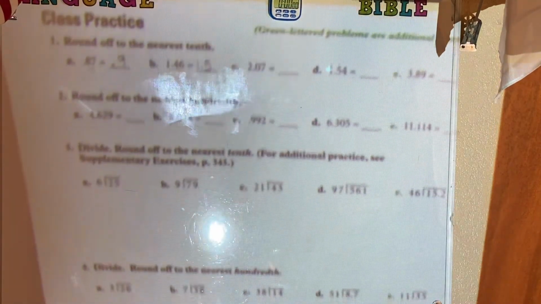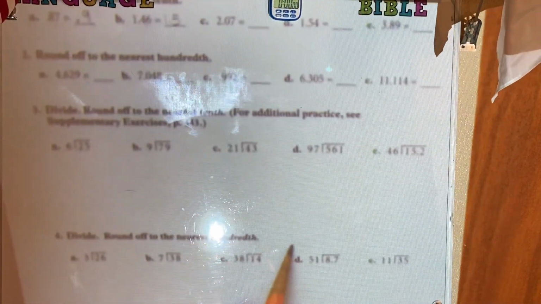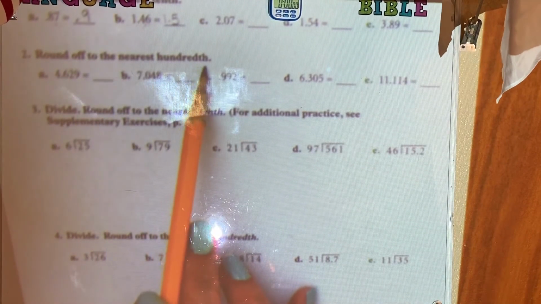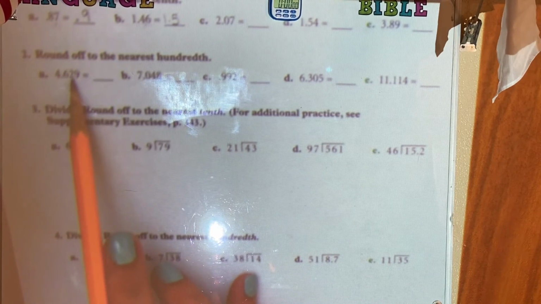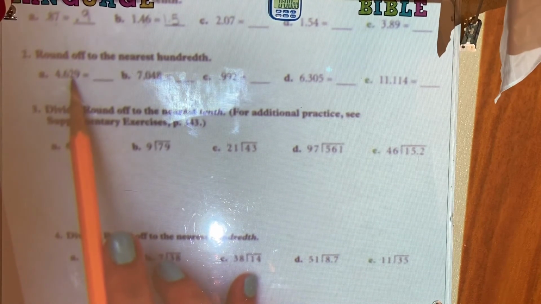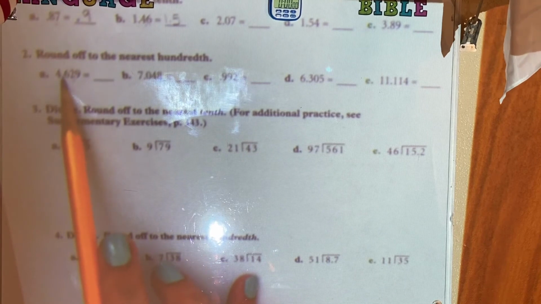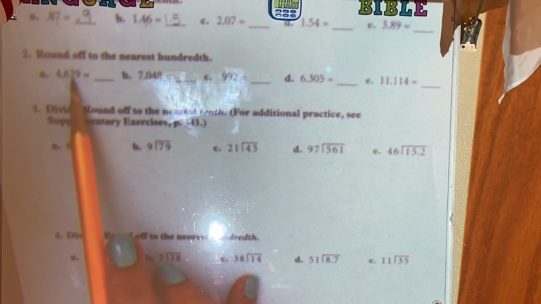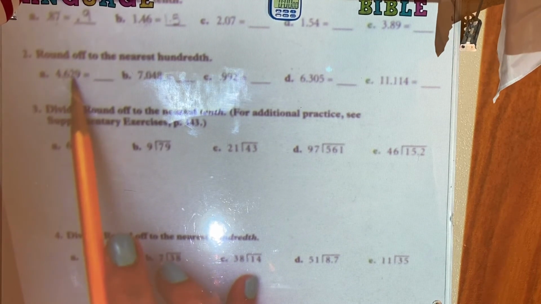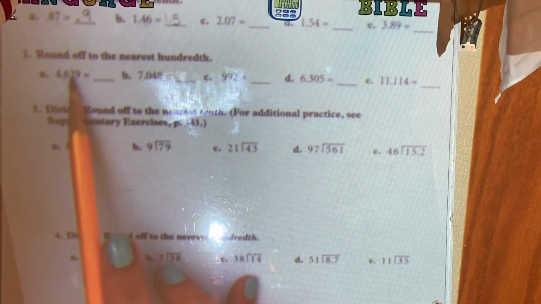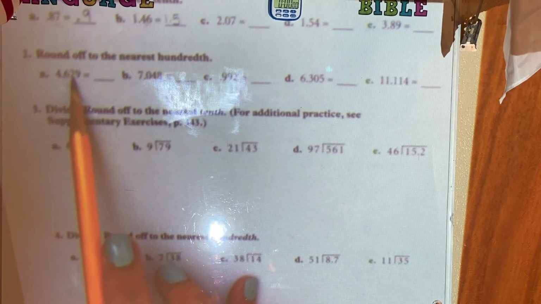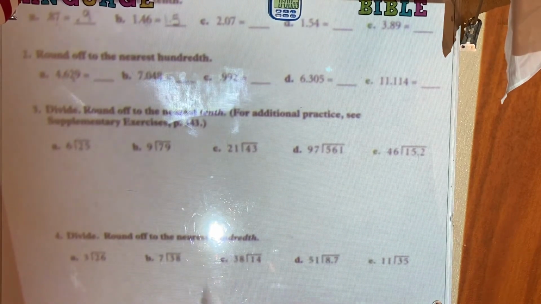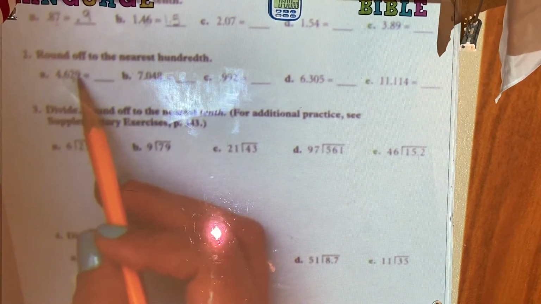Okay? On number 2, round off to the nearest hundredths. The hundredth is the second number after the decimal. So we have the decimal point, and we have 1, 2. The second number after the decimal is the number that we're trying to round off. That's a 2, and after the 2 we have a 9.